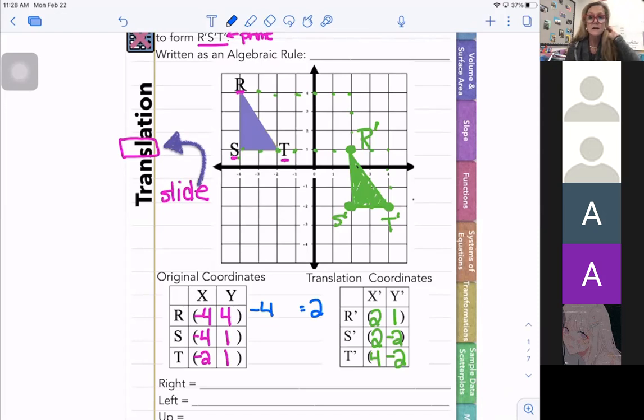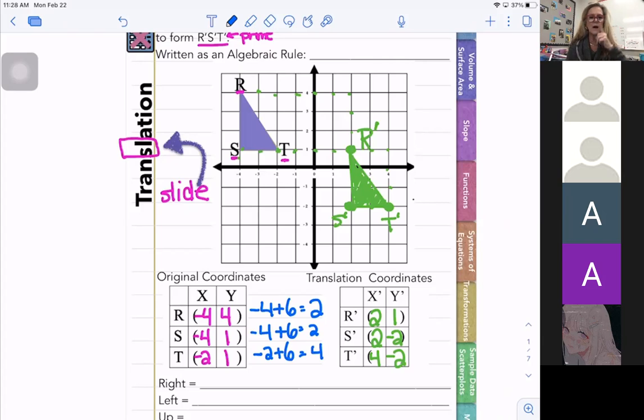Added 6. I added 6, right? Let's look at S. Also added 6. And let's look at T. What happened to T? We're still adding 6. So to all of my X's, I added 6, right?